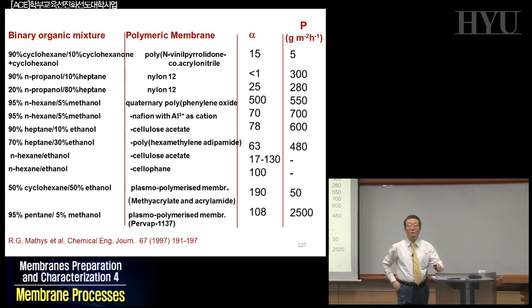In pervaporation processes, this process has been known for the last 50, 60 years, but the first industry was founded in 1981, I believe, by the invention of the people in Germany, where GKSS manufactured the polyvinyl alcohol membrane.